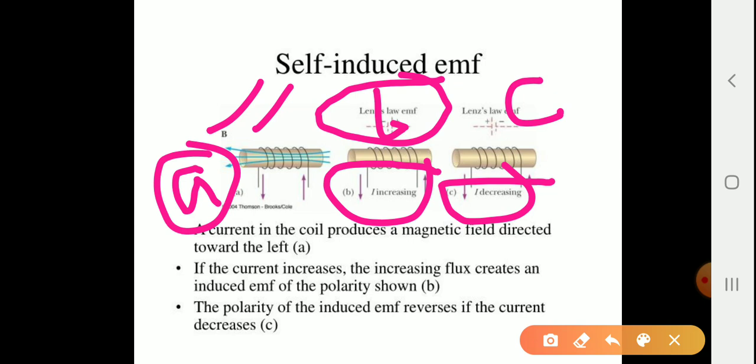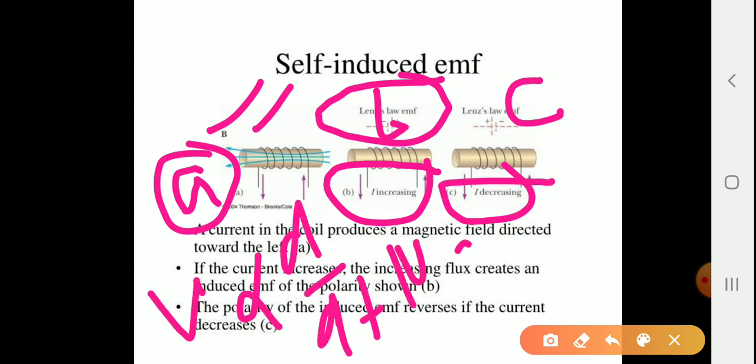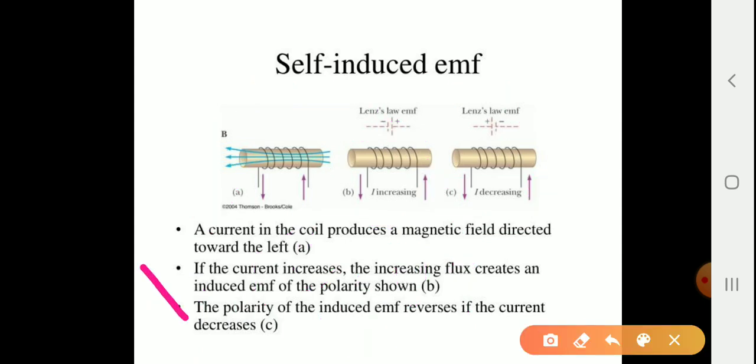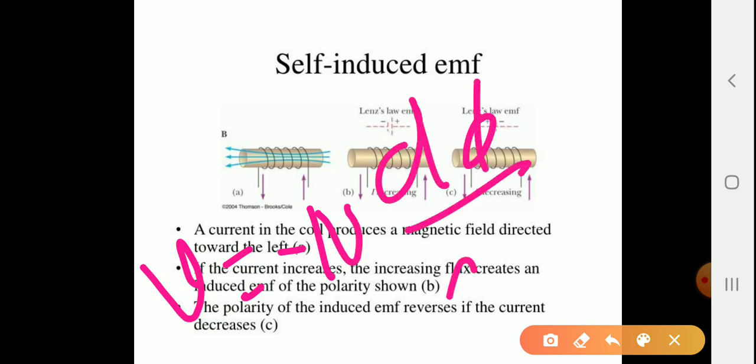So this is the self inductance, defined using Faraday's law. V is proportional to d over dt of N phi, so V equals minus k N d phi over dt.